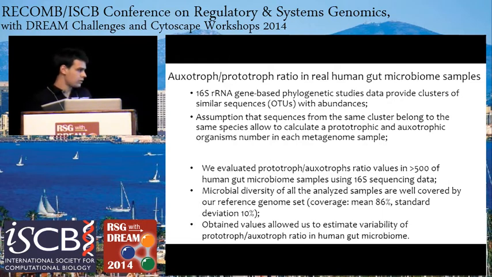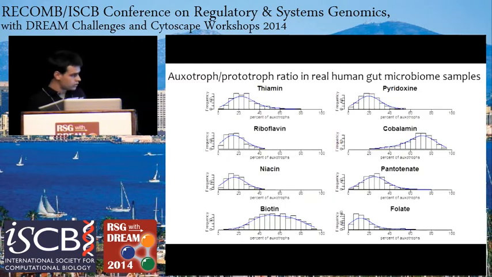Obtained values allowed us to estimate variability of the prototroph-auxotroph ratio in the human gut microbiome. And here it is shown. Each histogram shows the distribution of values of the percent of auxotrophs in all investigated samples. So for a few vitamins like thiamine, riboflavin, niacin, and folate, you can see that most samples have a low percent of auxotrophs.